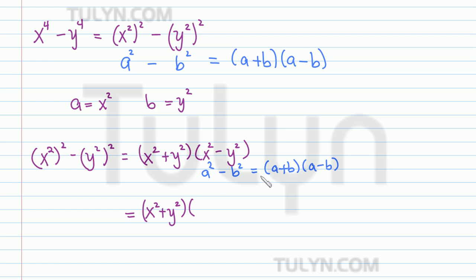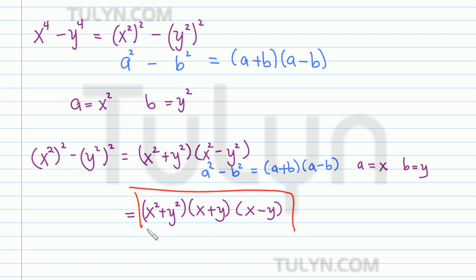And here, in this case, a is equal to x and b is equal to y. Before it was x squared and y squared, now it's just x and y. So a plus b, x plus y, times a minus b, x minus y.